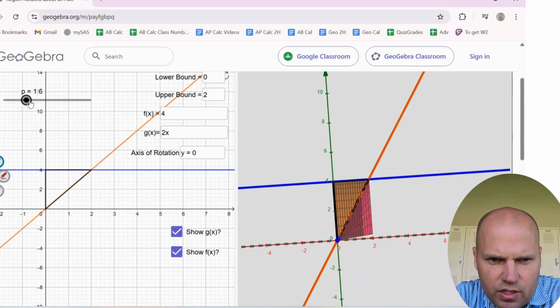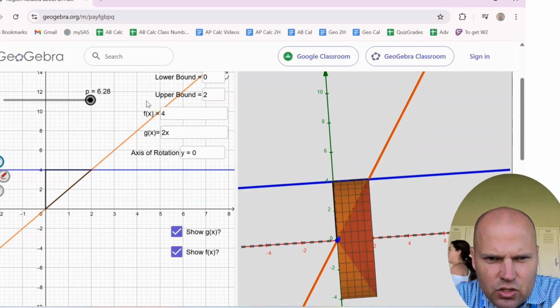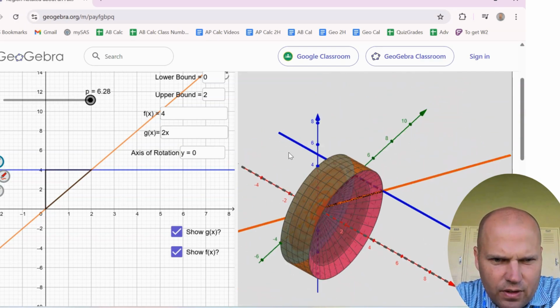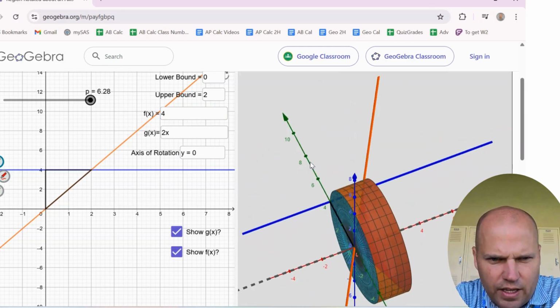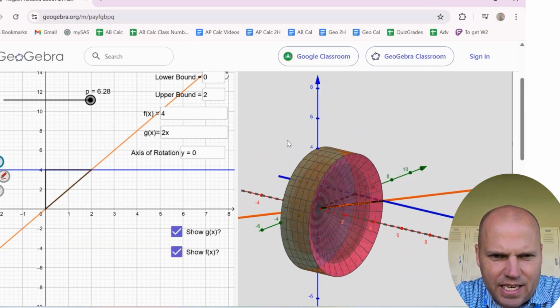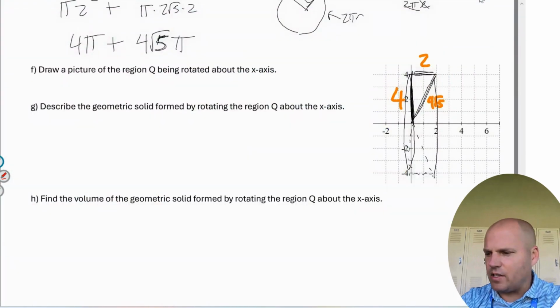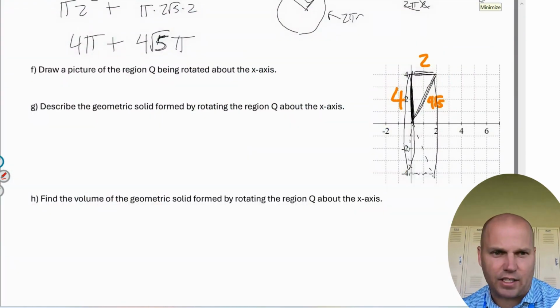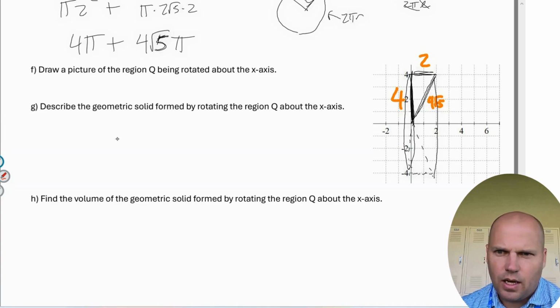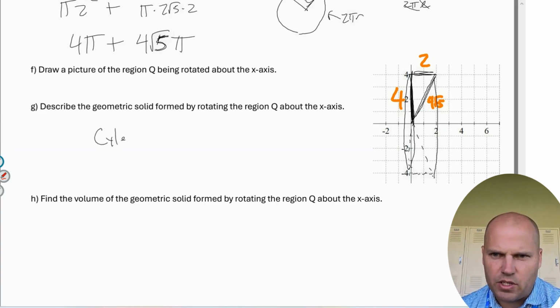And I spin this region. I can see circles are on the right and the left. But I have this missing cone in the middle. We end up having 2/3 of the cylinder because we subtract a third. So it's a cylinder with a cone missing.